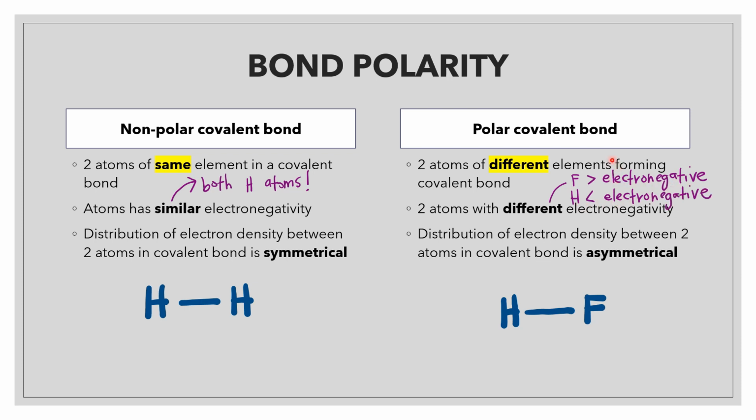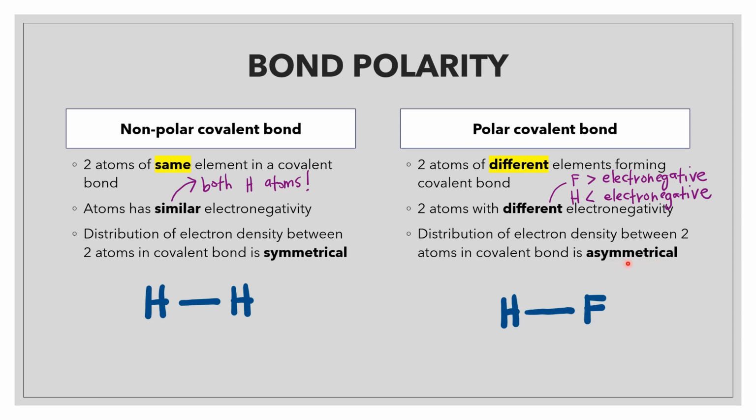So apabila ada perbezaan electronegativity di antara hydrogen dan juga fluorine yang terikat pada satu covalent bonding yang sama, maka kita boleh kata bahawa distribution of the bonding electron density between these two atoms is unsymmetrical ataupun termsnya adalah asymmetrical.